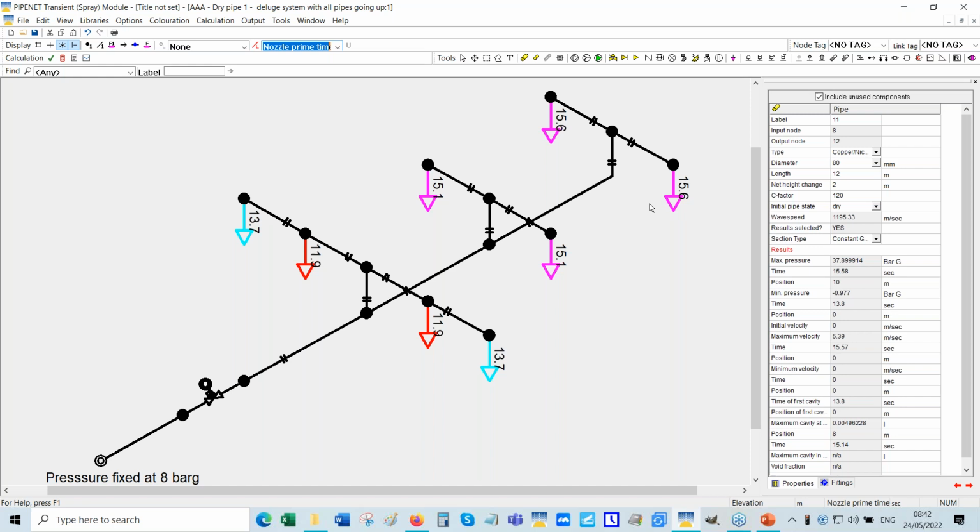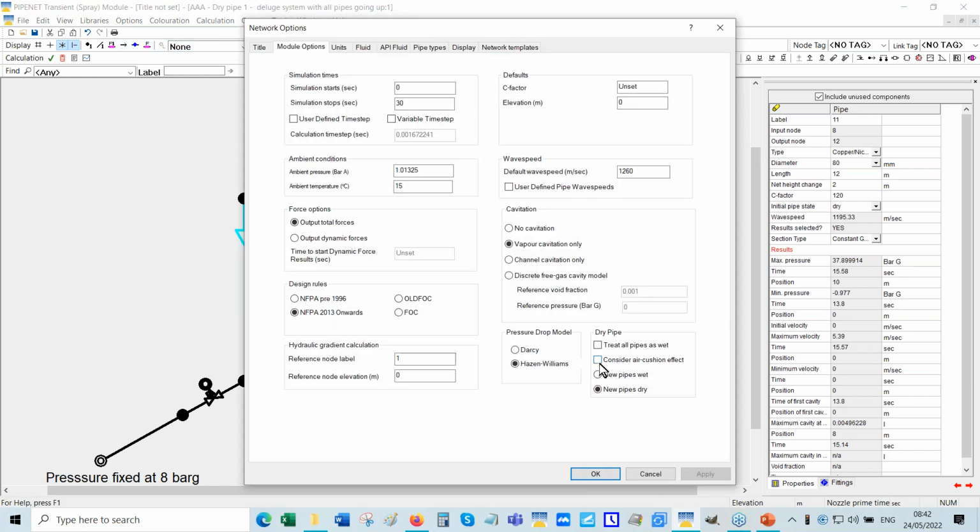Priming time is 15.6. I'll make a note of that. Now, in a system like this, if I change to dry pipe 2, which is what I'm considering here, that's what I'm doing, because there are no air valves in the other models here.